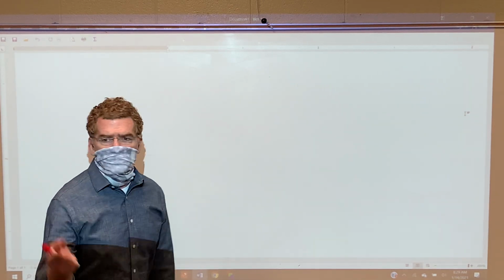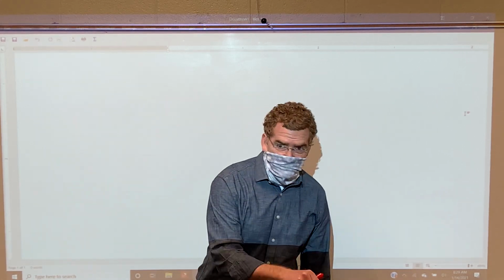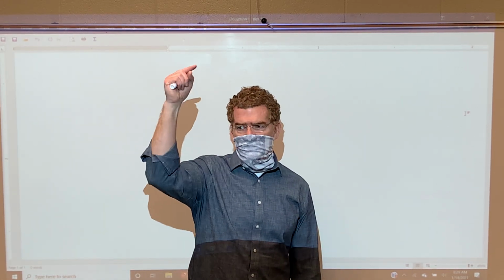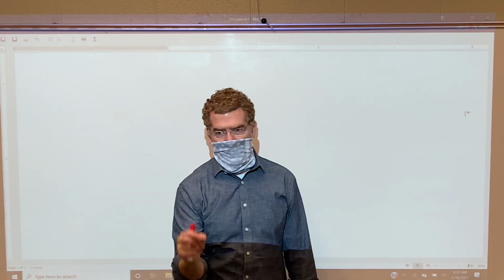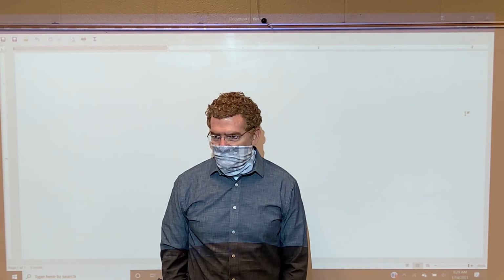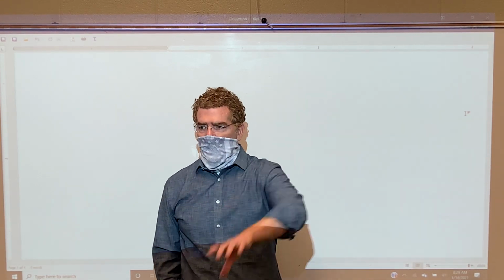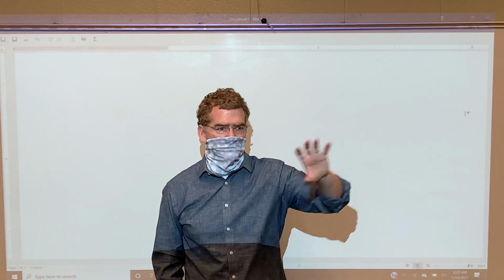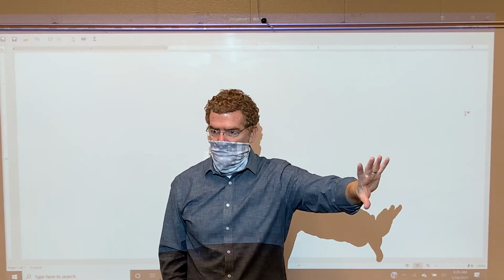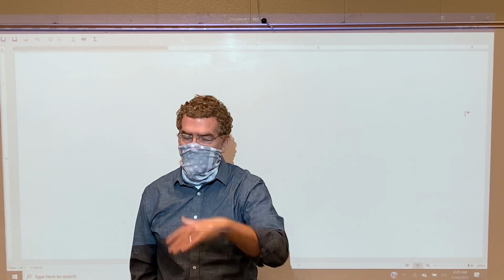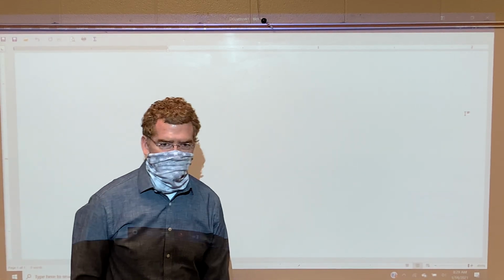So the first rule you got to make sure about, what do you do if the power in the numerator is the same or bigger than the power in the denominator? You got to do long division. So go ahead and do your long division, and then you'll end up with some whole number looking things and a fraction at the end. And then at that point, work on the fraction. But if the fraction's power on the bottom is bigger, then you can jump straight to the partial fraction decomposition.